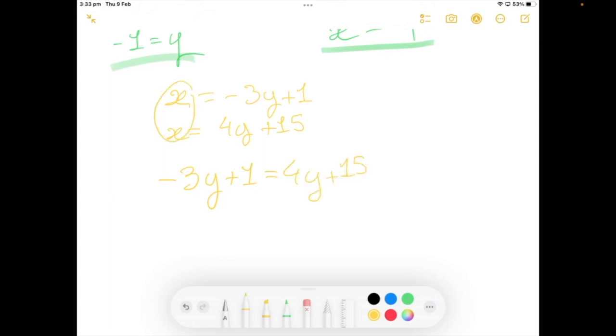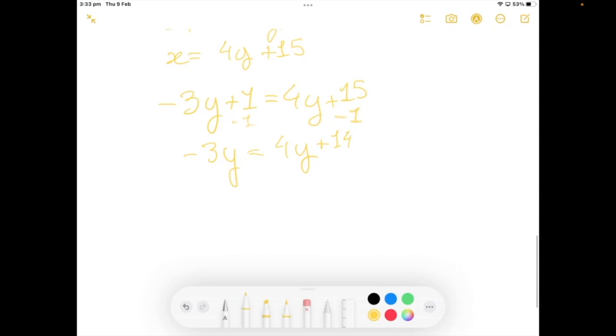They're equal to each other, so now you can solve for y. Let's get rid of this 1. So that would be negative 3y equals 4y plus 14, because I just did minus 1, minus 1.